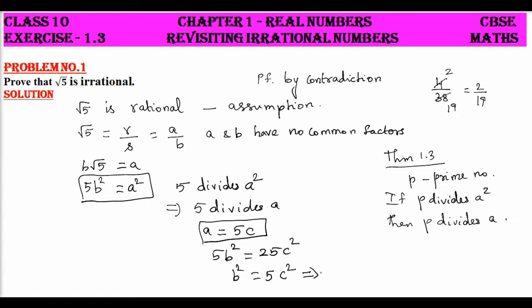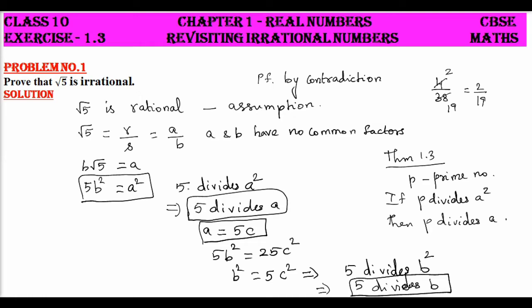So this gives me that 5 divides b square because b square is a multiple of 5. So again by Theorem 1.3, I get 5 divides b. So see, I have got 5 divides a as well as 5 divides b.